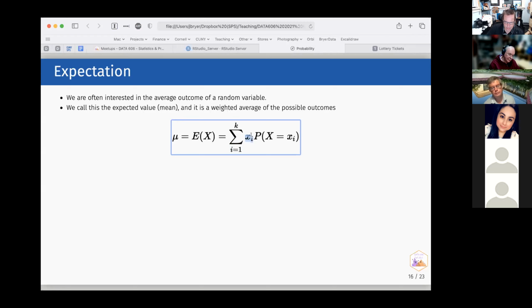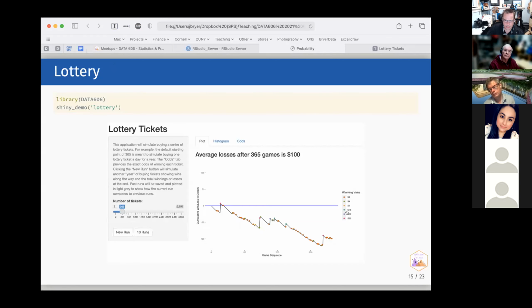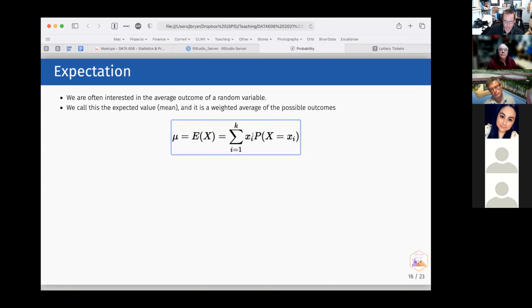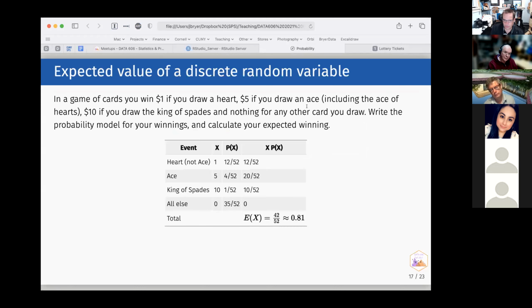So what we're doing is taking the outcome of that event, so in the case of the lottery ticket, it could be the winnings, times the probability of that event occurring, right? And so if we sum that up, we get the expected value or the mean value. So let's start with a simpler example, and then we'll come back to the lottery example.